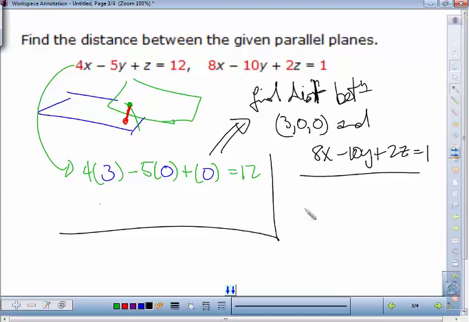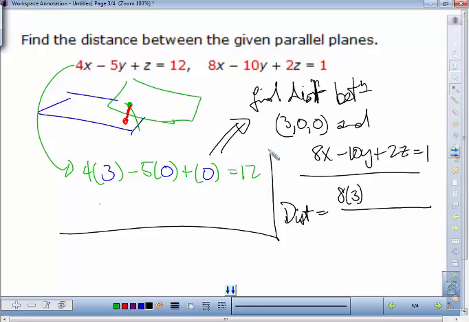So the distance, I was going to put d, but d is that other letter. So distance is equal to, the normal vector is 8, negative 10, 2, right? So let's go 8 times 3.